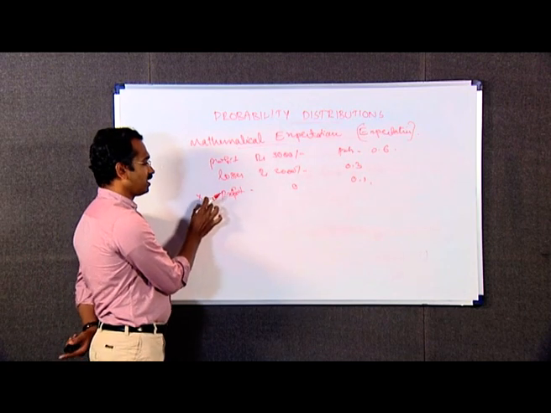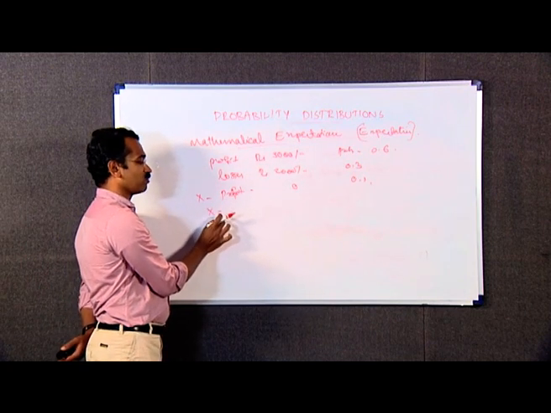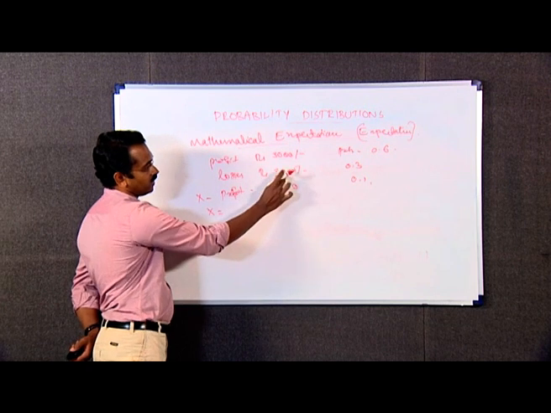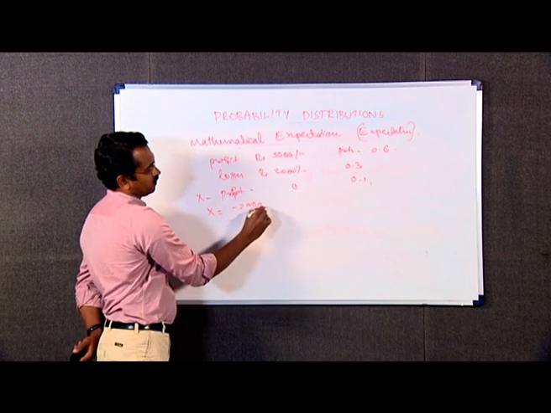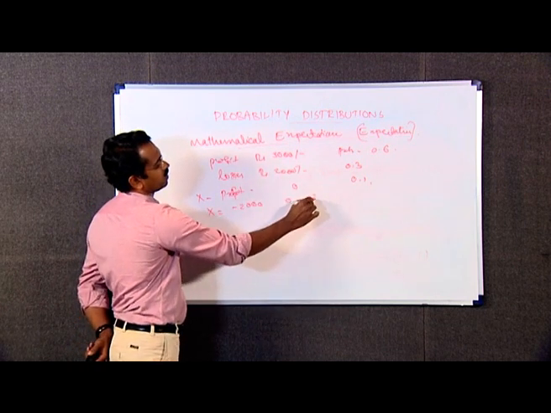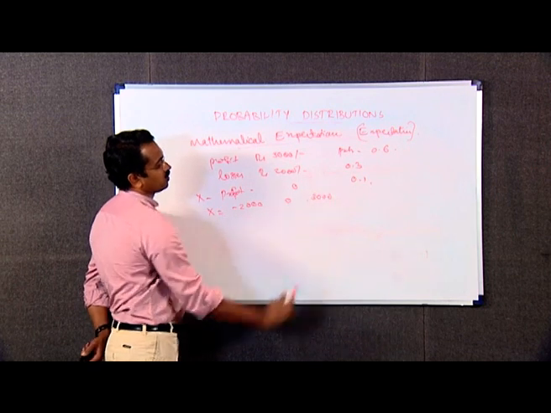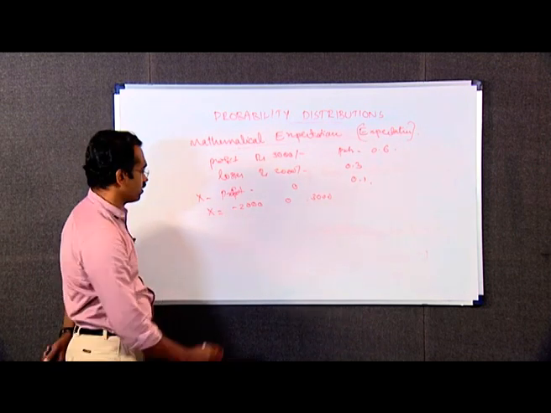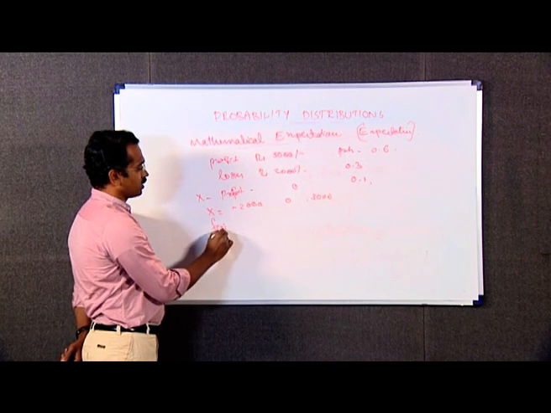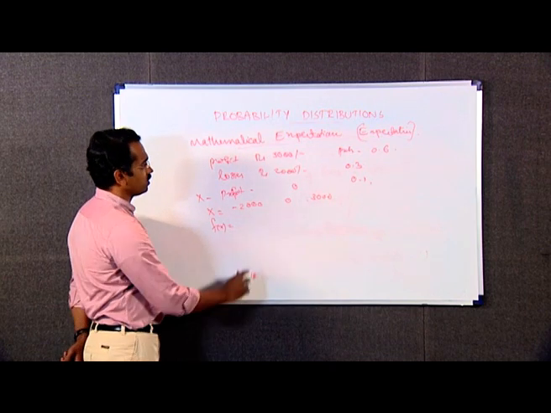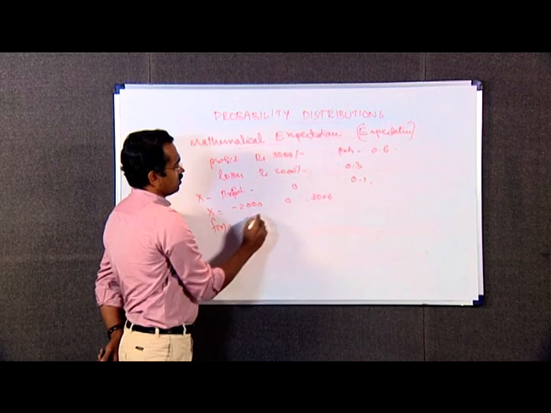Therefore, if we take x as the profit, then the values of x are negative 2,000, 0 and 3,000, and corresponding probabilities f of x are 0.3, 0.1 and 0.6.